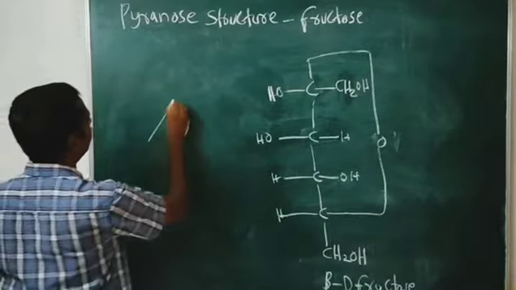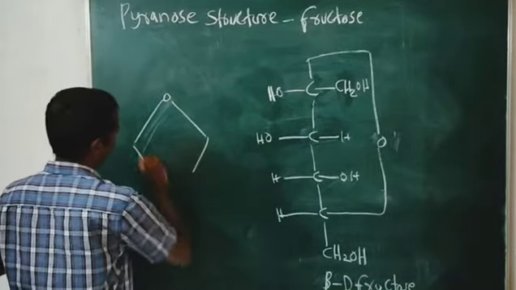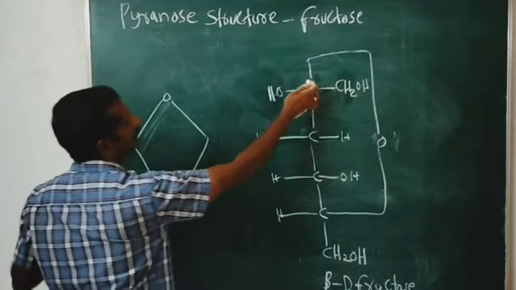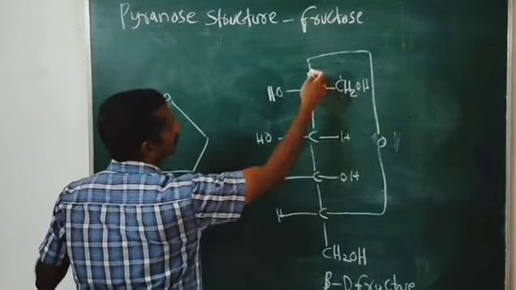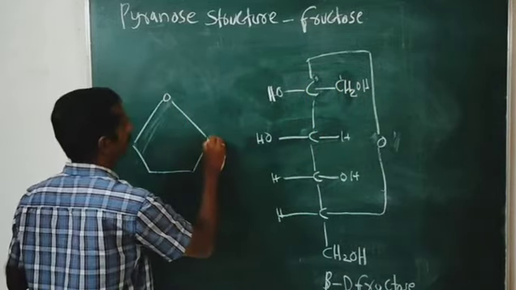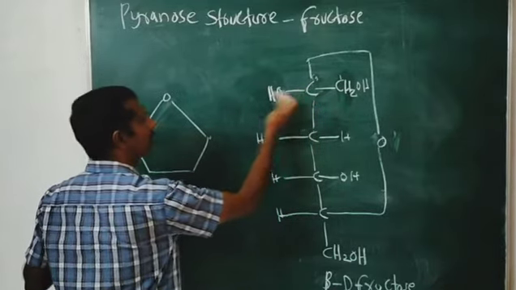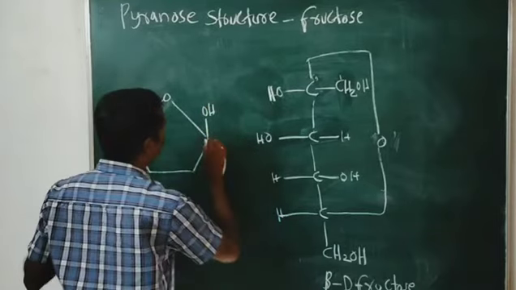Again, the same way you can draw, very simple. Look at it here. We start with this carbon, the second carbon, and you can see that in this carbon OH is on the left hand side, so it will come up, and CH2OH is here.